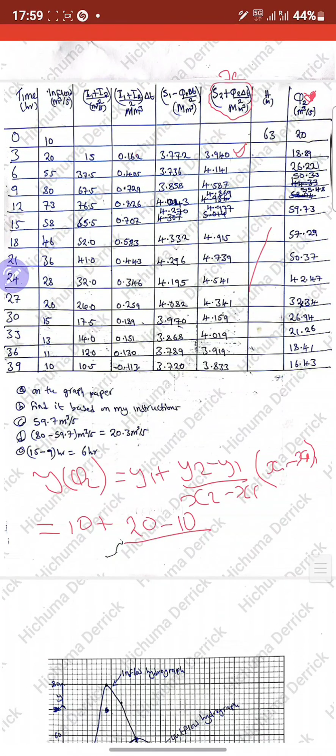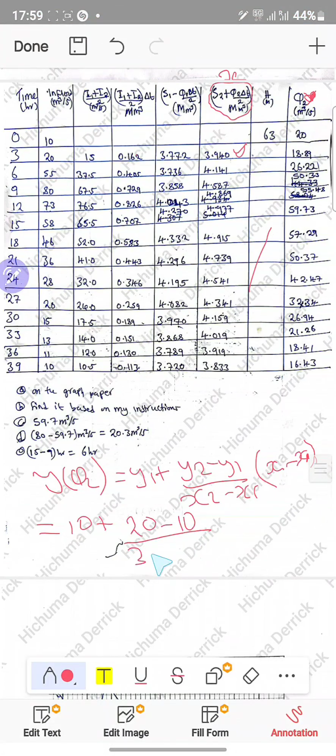So minus 3.554. Okay, then times x. Now your x value is this one here, not the indicative storage, but the one that we are finding here, which is 3.94 minus 3.554.